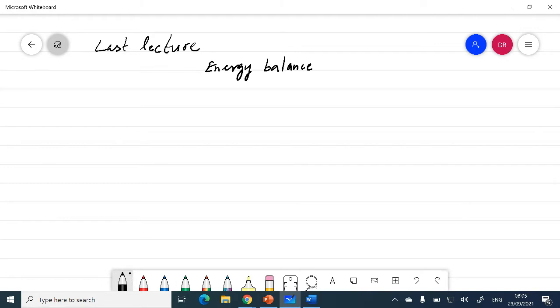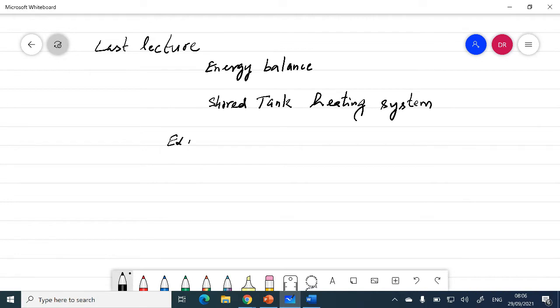We solved two examples, and these examples were related to a stirred tank heating system. In these examples, we derived a dynamic model for temperature, that is, how temperature changes as a function of time.